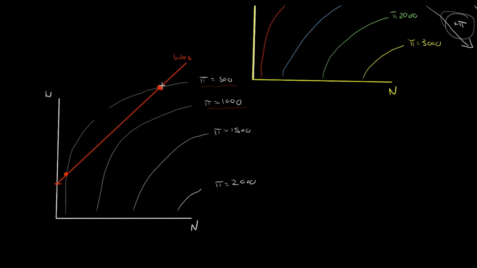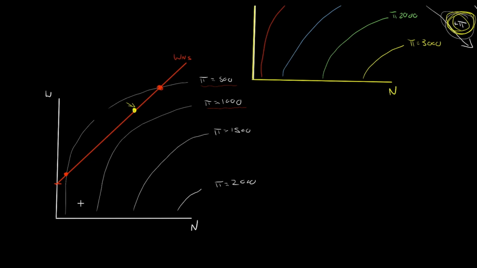If we were to move somewhere like that, well, hey, that is a higher profit because that is down to the right. So positive profit as we move down to the right. So that would be a higher profit than this isoprofit of 500. There is going to be some isoprofit curve then that just touches this feasibility set, this non-shirking wage curve.